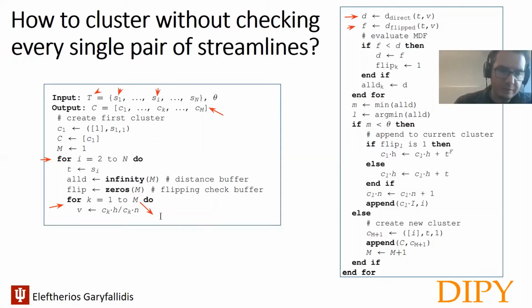So M here is the number of clusters, and those are increasing dynamically. Then at this stage here is an important part where you have to decide if you're going to create a new centroid that will have updates using the flipped version or the standard version of a streamline, because we have to deal with this ordering problem.